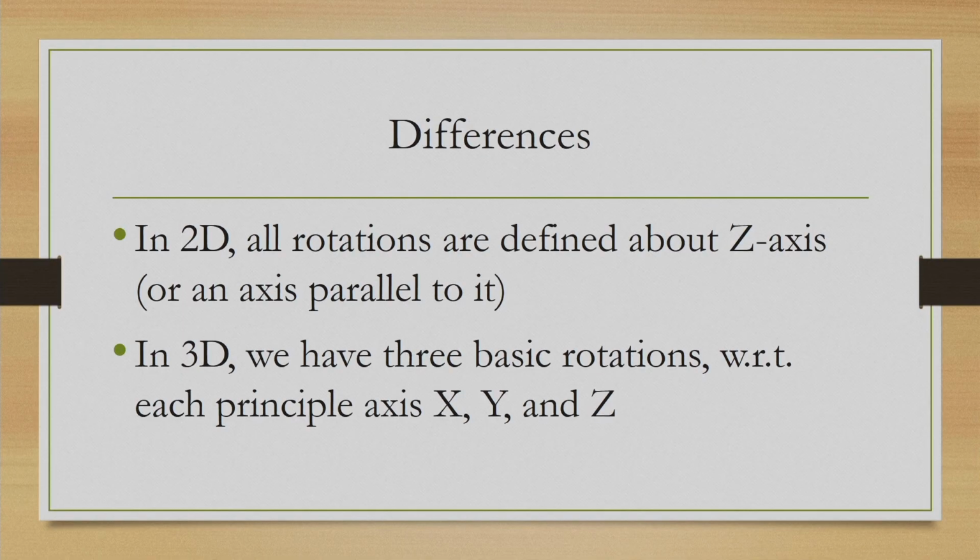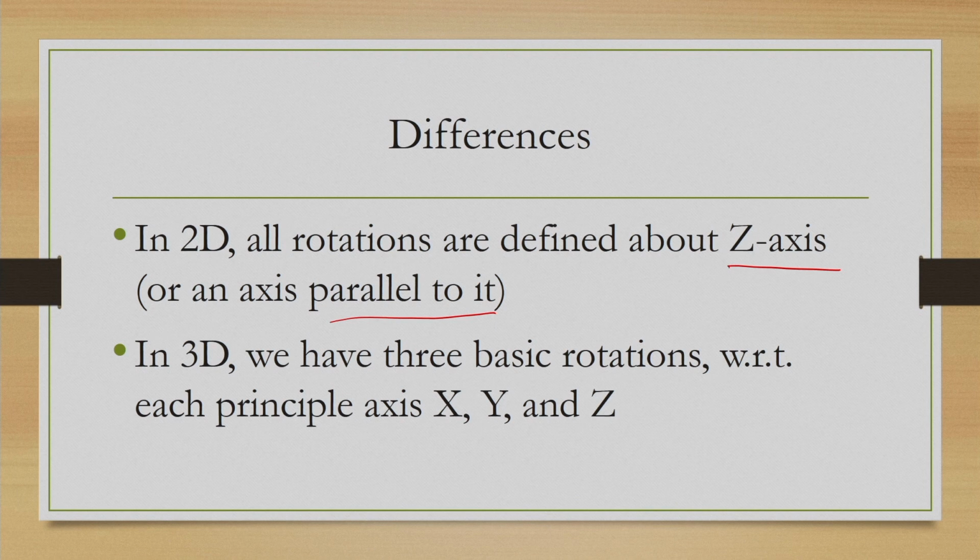But there are certain differences, and we should keep in mind these differences. The differences are primarily with respect to the two transformations, rotation and shearing. In rotation, earlier we assumed that the rotations are taking place with respect to the z axis or some axis that is parallel to it. That was our basic assumption in 2D rotations.